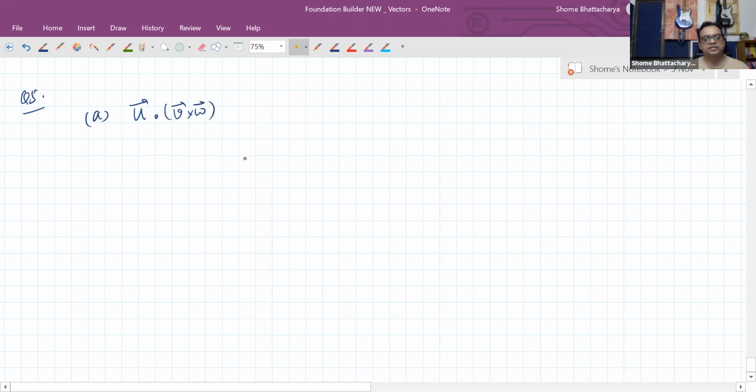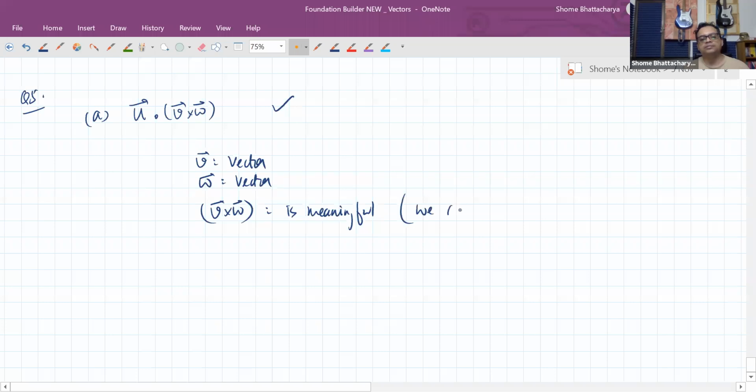Now you can see that yes, this is meaningful. Why? Because this is a vector, and this is a vector. Firstly, this is meaningful because we can take the cross product of two vectors only.